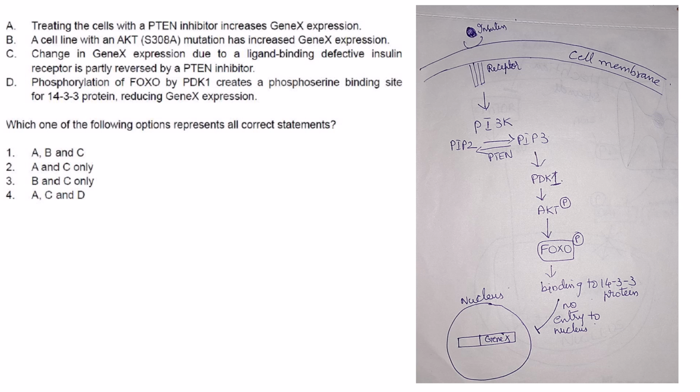PI3K AKT pathway? This is your insulin receptor. When it is bound by insulin, the PI3 kinase is activated and it will phosphorylate PIP2 and convert it to PIP3. PIP3 activates PDK1, PDK1 phosphorylates AKT, AKT is activated and it will phosphorylate FOXO.